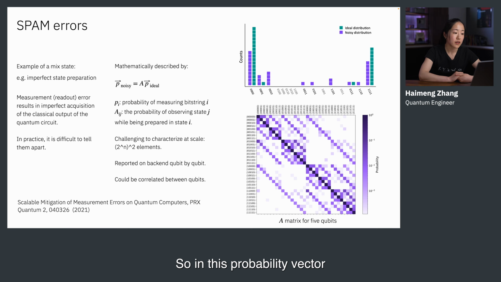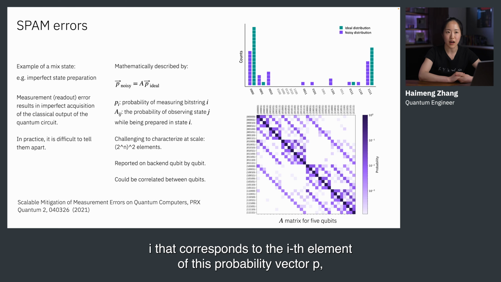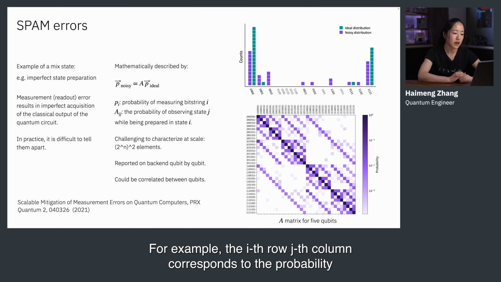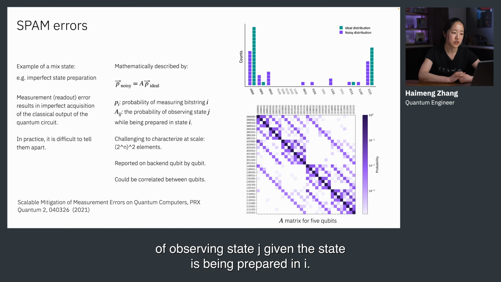In this probability vector here, each index describes the probability of measuring bit string i, which corresponds to the ith element of this probability vector P. Whereas each element in this A matrix, for example, the ith row, jth column, corresponds to the probability of observing state j given the state is prepared in i.